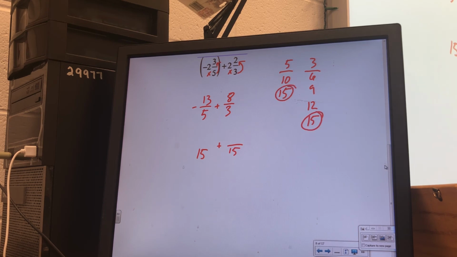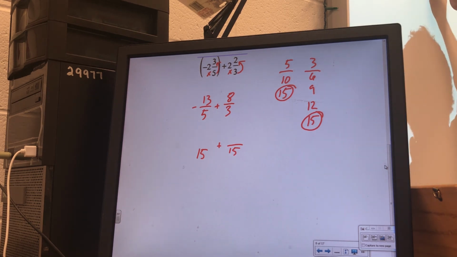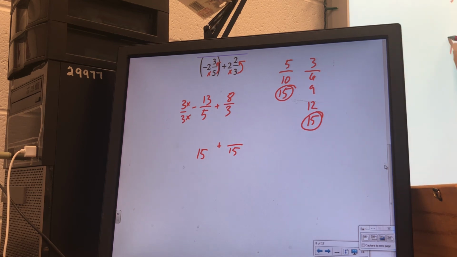So our least common multiple of the 2 will be 15. We'll be multiplying our 13/5 by 3 over 3 to get us negative 39/15. And we'll be multiplying our 8/3 by 5 over 5 to get us 40/15.